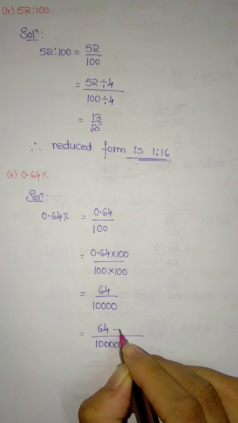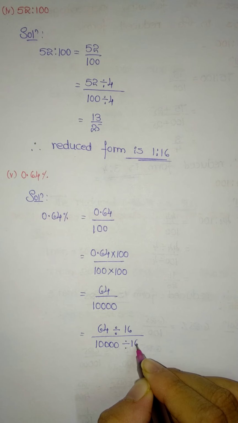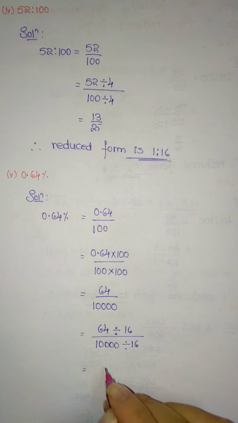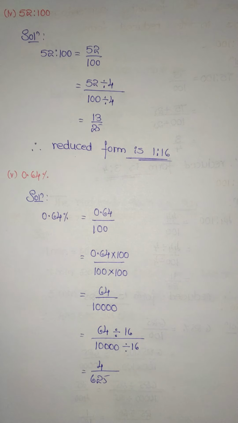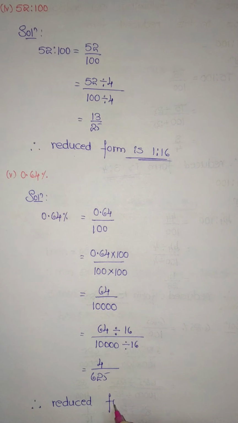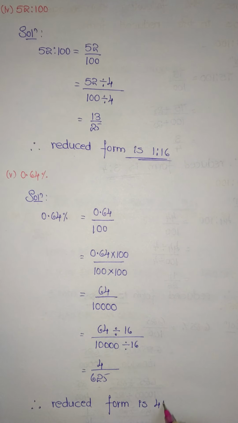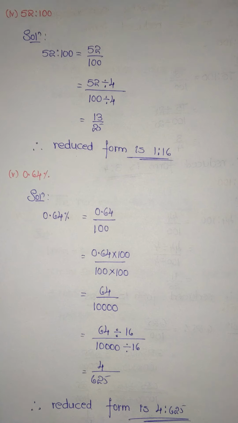So divide this 64 and 10,000 by 16. So here it becomes 4 and here it becomes 625. Further simplification हम लोग नहीं कर सकते. Therefore we can write the reduced form is 4 raised to 625. So it completes question number 5 from the main question number 3.